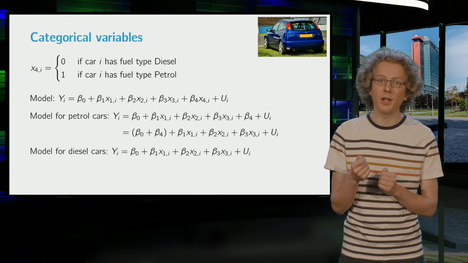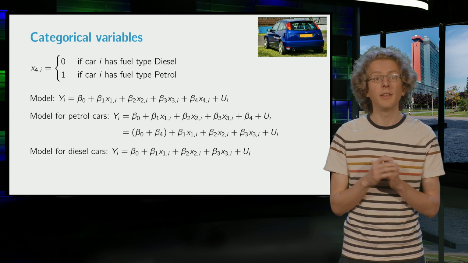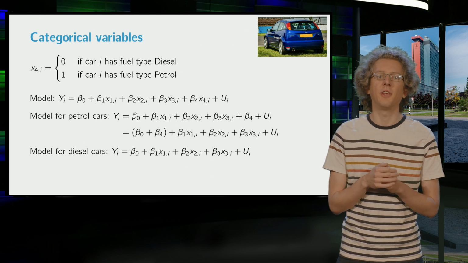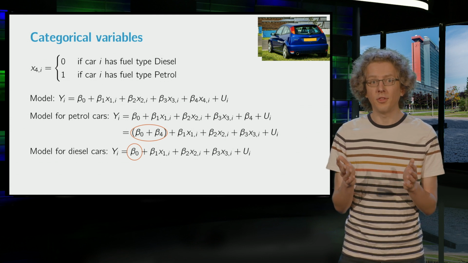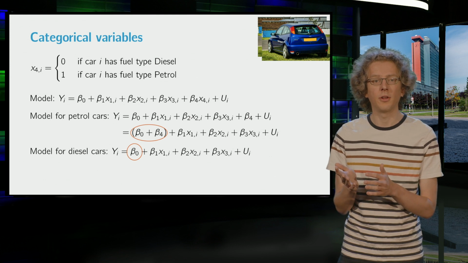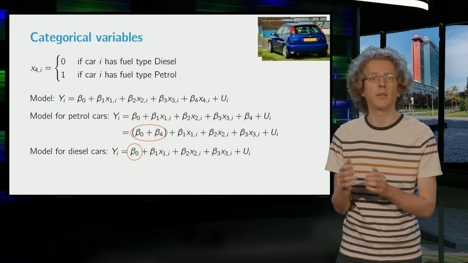Hence, the fitted price for a petrol car will be just beta 4 hat units higher than the fitted price for a diesel car, for which all other variables are the same. Alternatively, you can interpret this as having a different intercept for petrol cars and for diesel cars, beta 0 plus beta 4 and only beta 0 respectively.